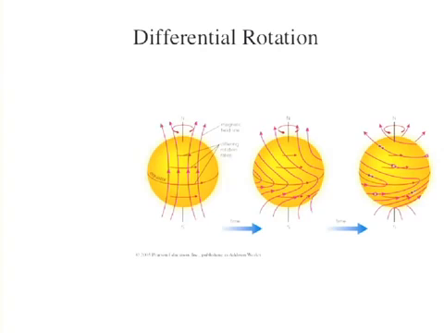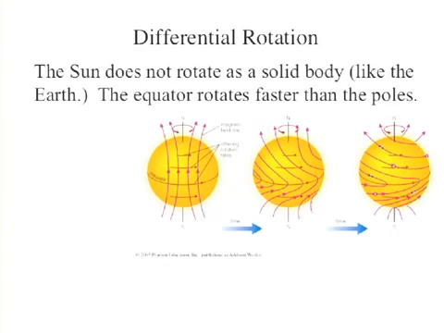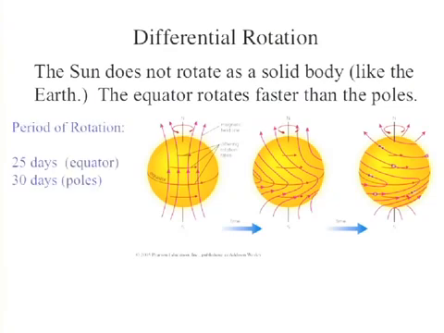let's go on to something else that's very, very strange. The sun turns out to be a crazy, crazy object. In particular, it doesn't rotate as a solid body like the Earth. The equator rotates faster than the poles. And it's really differential. It's incredible.